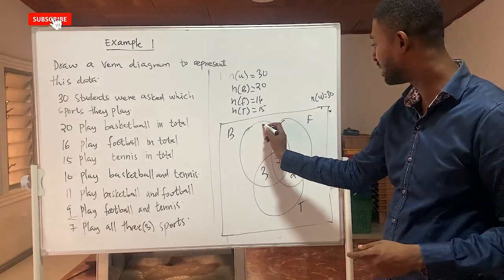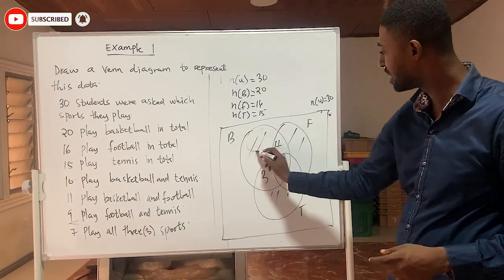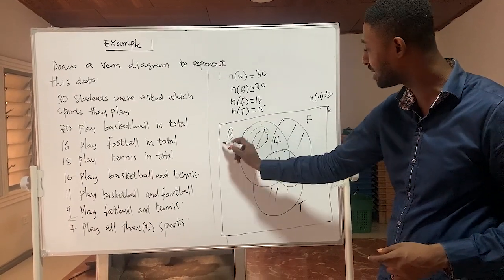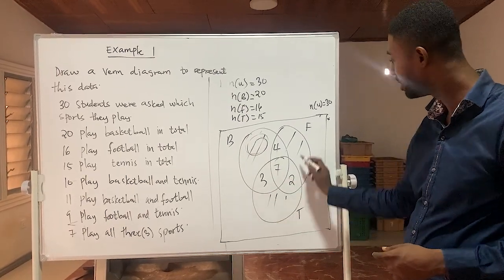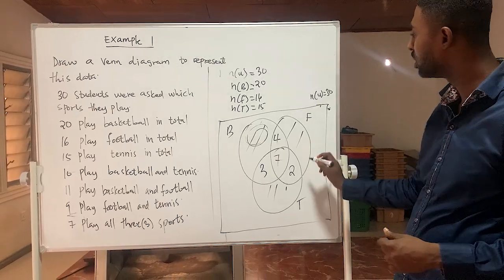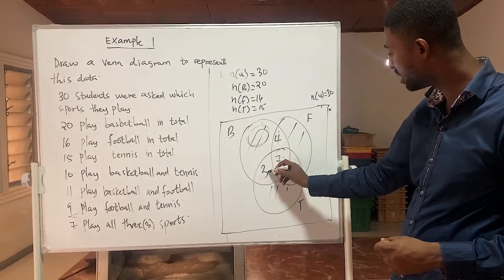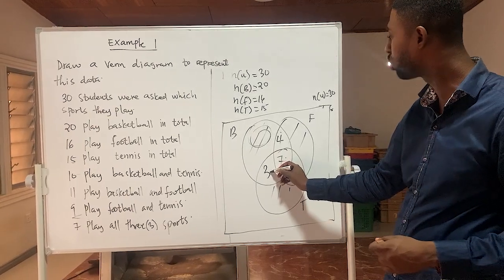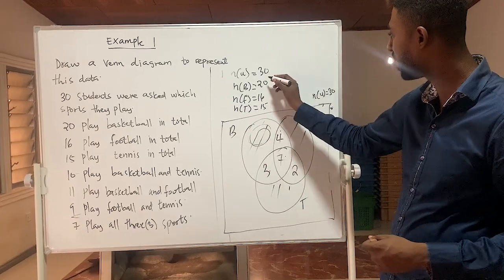Now, I'm left with this portion of the circle, and this side is for students who enjoy basketball only. This is for students who enjoy tennis only. This is for football only. So you need to sum this together. Then you subtract from the total. So for basketball, the total is 20.